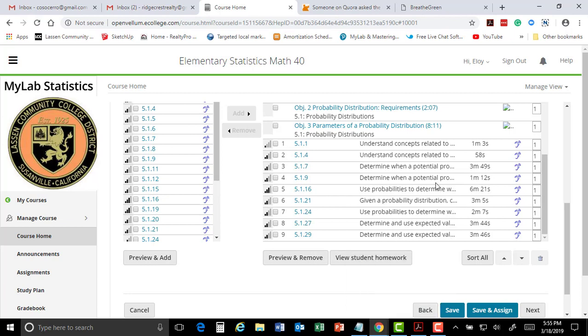Do you see this one here, the 5.16? If you look over here, you see the amount of time they figured. That's one of the longest ones to calculate this problem. So they're doing statistics on the statistics: how long it takes a student to get through it and how difficult it is.